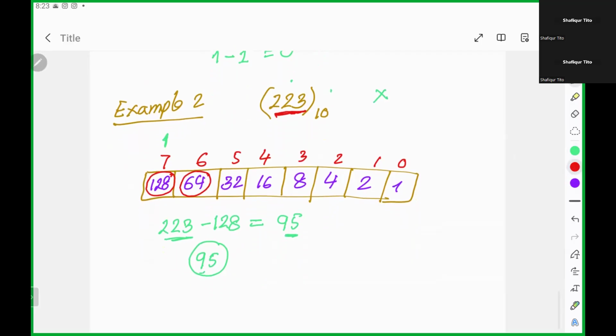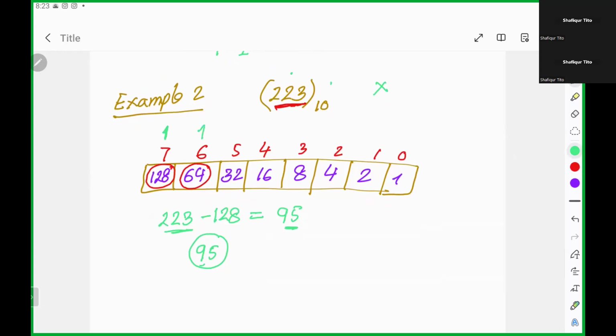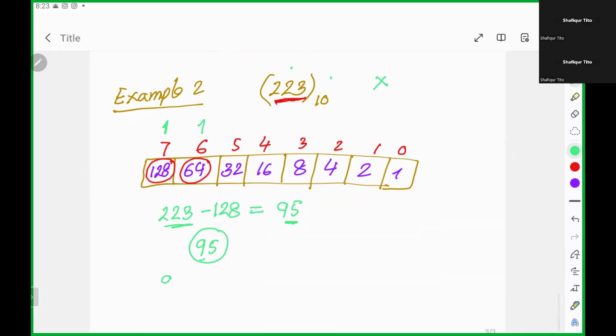So that means I can place 1 here also. Then I need to subtract 95 minus 64. That will give me 31.